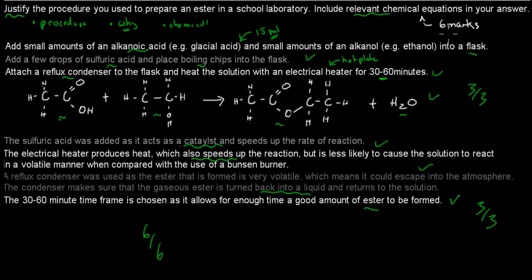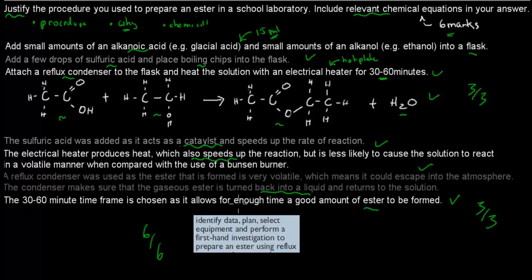So even though it sounds like you need to talk a lot about your actual procedure, it's more or less a quick summary of your procedure, and the rest is your justification of that procedure. And obviously you need to have your chemical equation in there somewhere. Where did this come from? It came from this dot point: identify data, plan, select equipment, and perform a first-hand investigation to prepare an ester using reflux.